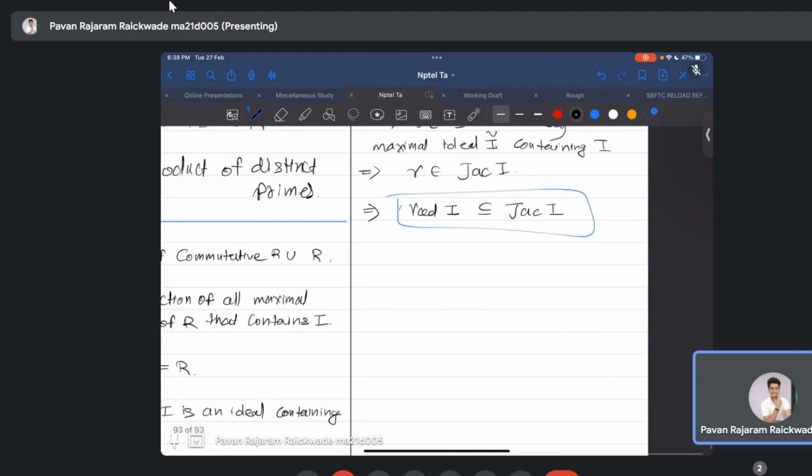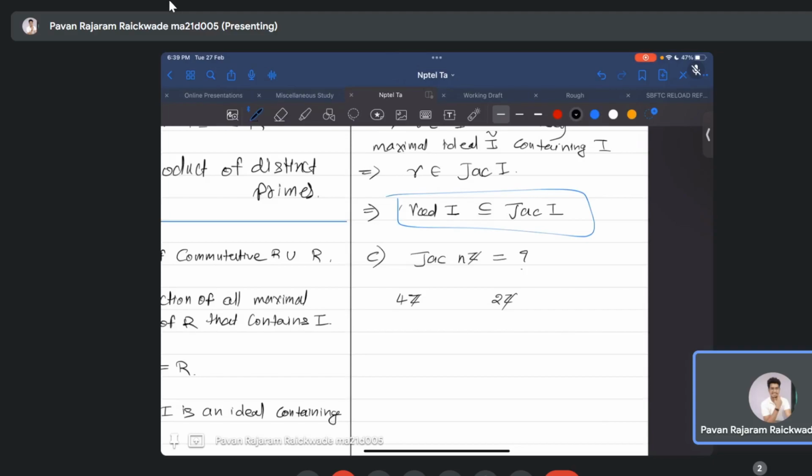Now part C, I want to find Jac(nZ). Here we do some analysis. Take any nZ. Let's say you're taking 4Z. What is 4Z? Multiples of 4, right? And you consider 2Z, which are multiples of 2. Which one contains the other?